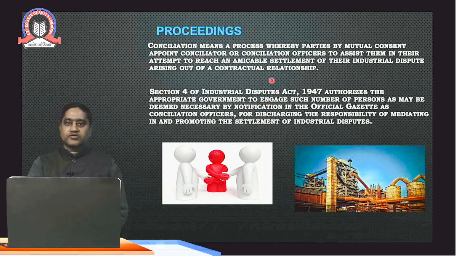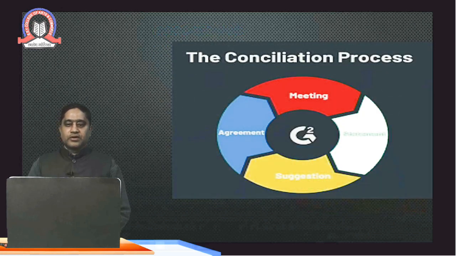Section 4 of the Industrial Disputes Act authorizes the appropriate government to appoint as many conciliation officers as needed, depending on the number of industries in the jurisdiction where the factory is located, for discharging the responsibility of mediating between the employers and the employees, or between the workmen and the management, for the settlement of disputes.